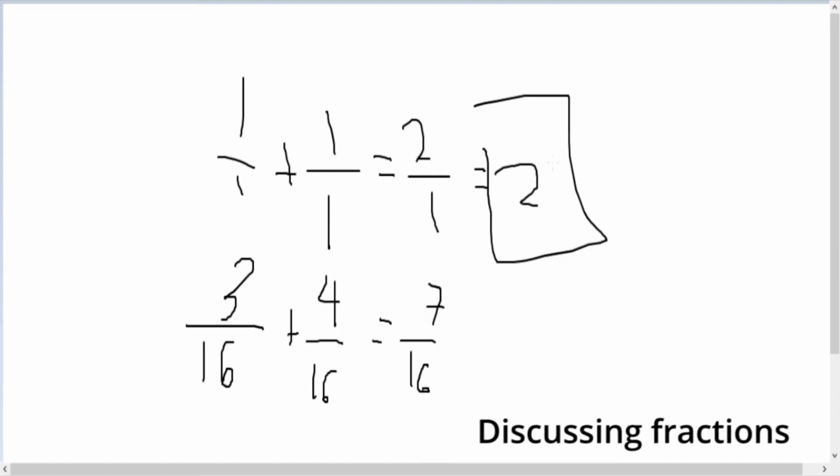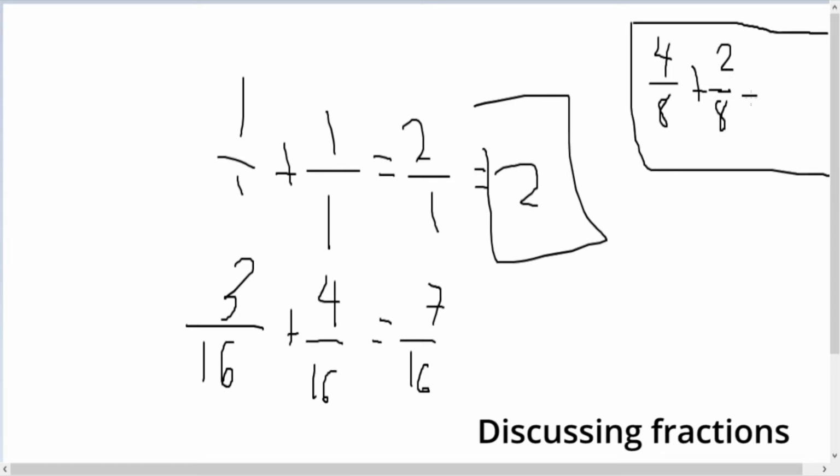Now if you want to simplify, take 4 over 8 plus 2 over 8. Now 4 plus 2 equals 6.